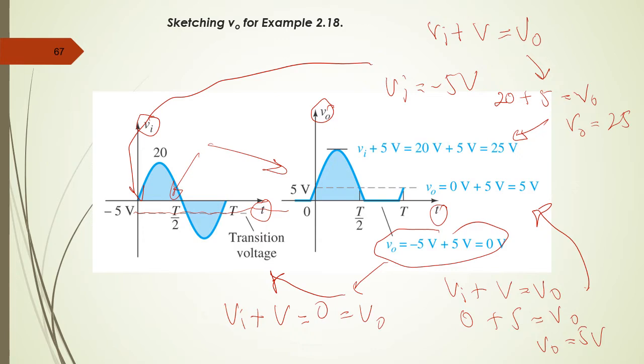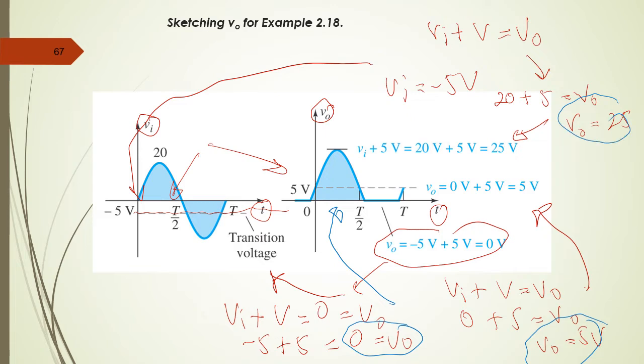So negative 5 plus 5 equals 0. That means the output voltage equals 0, which is here. So when you plot, you have three values: V out equals 0, V out equals 5 volt, and V out equals 25 volt. This one is actually the transition.